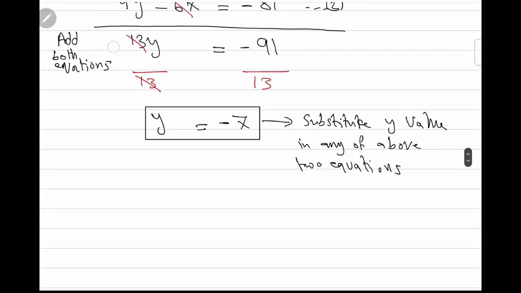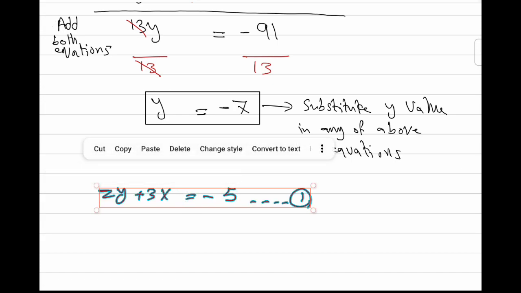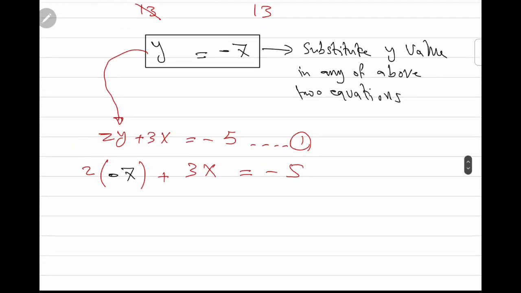So I can take this and plug in the value of y here. So that will be 2 times minus 7 plus 3x equal to minus 5. So that's minus 14 plus 3x equal to minus 5.